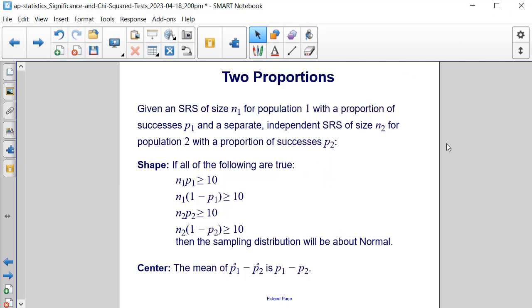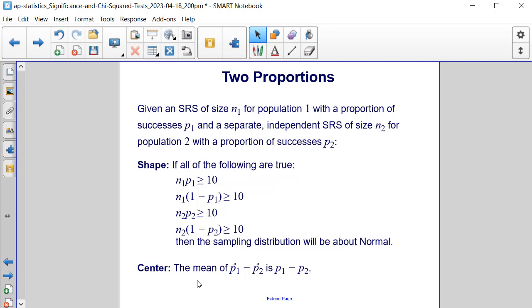For the shape, if all of the following are true, N1 times P1 is greater than or equal to 10, N1 times 1 minus P1 is greater than or equal to 10, N2 times P2 is greater than or equal to 10, and N2 times 1 minus P2 is greater than or equal to 10, then the sampling distribution will be about normal.